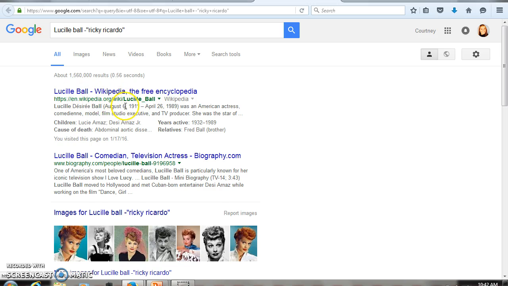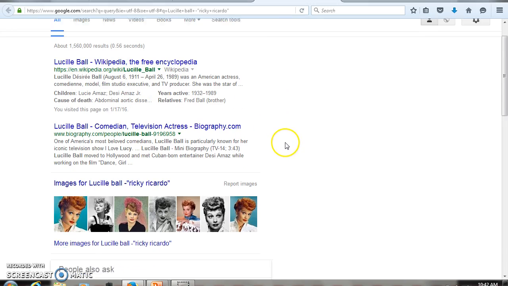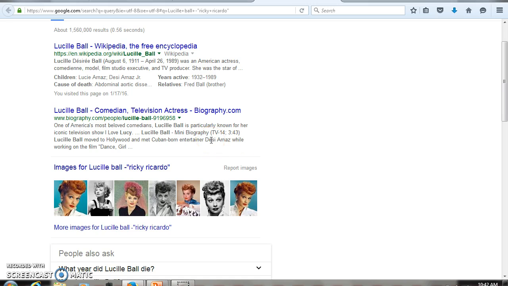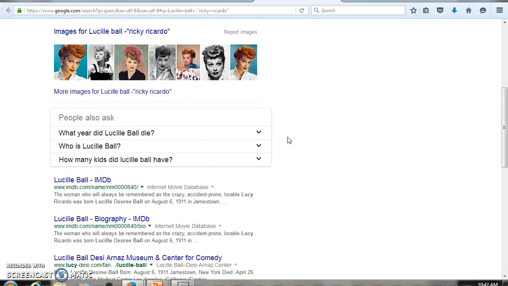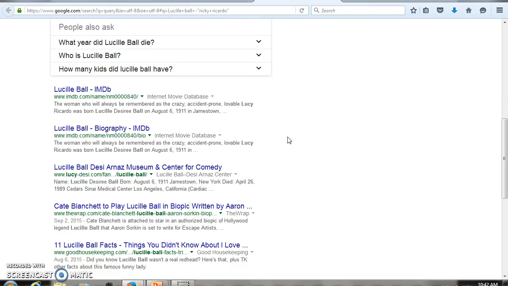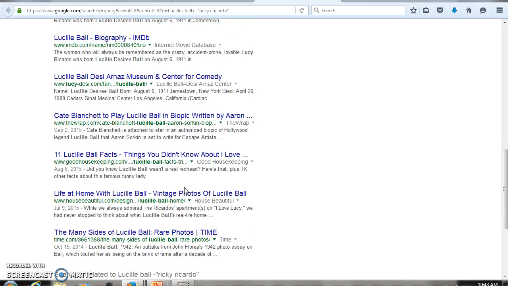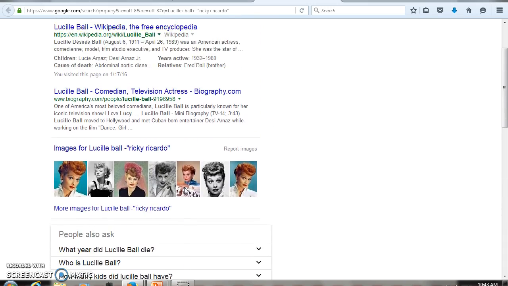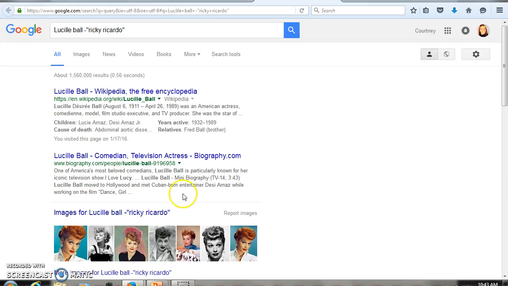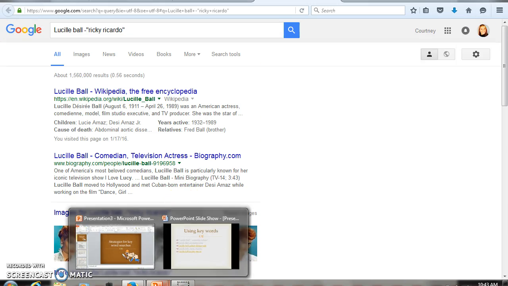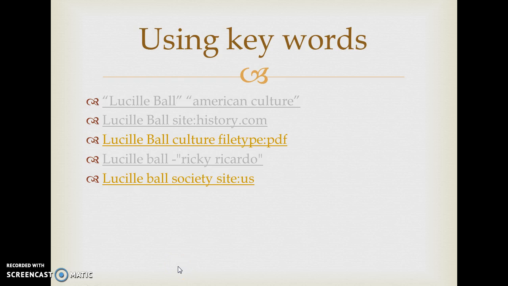So I start with Wikipedia, we don't want to use that. But look, biography. So in this biography, it's going to talk only about Lucille Ball, nothing about Ricky Ricardo, which is interesting. Going down, I get a lot more biographies. The Lucille Ball Museum, that would probably be a good source.